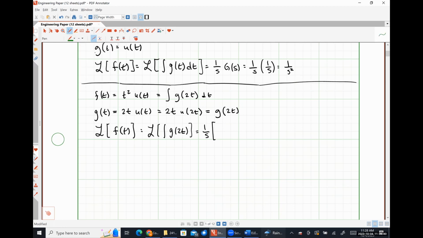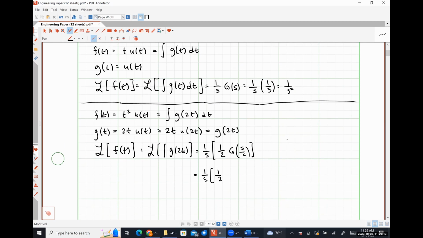It's literally on your sheet as the time scaling property. So in this case, a is 2. So I'm going to have 1 over 2 times g of s over 2, where g of s over 2 is going to look like 1 over s times 1/2.